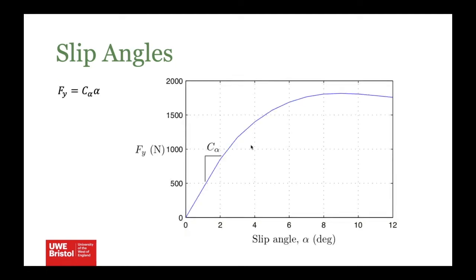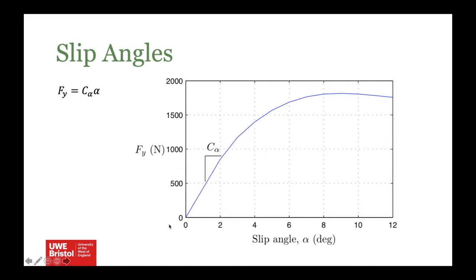So there's a typical tyre characteristic. You can see that as you increase the slip angle, you reach a peak in terms of the lateral force being generated. But if you look at just low slip angles, in this particular case up to about 2.5 to 3 degrees, the characteristic is more or less linear.